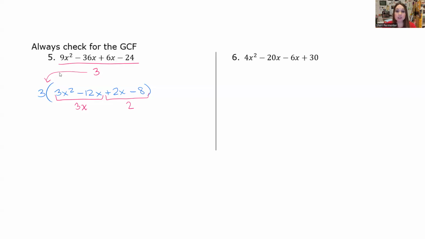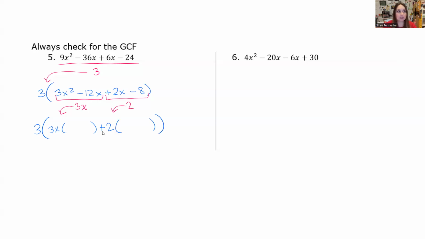So the signs match. I'm good. I can keep rolling. So remember, GCF always gets written out into the front. And so when I rewrite this, the 3 is along for the ride. It doesn't go anywhere. So I have 3x out into front, and I'm going to write down what I have left. And then I have my second set of parentheses with plus 2.